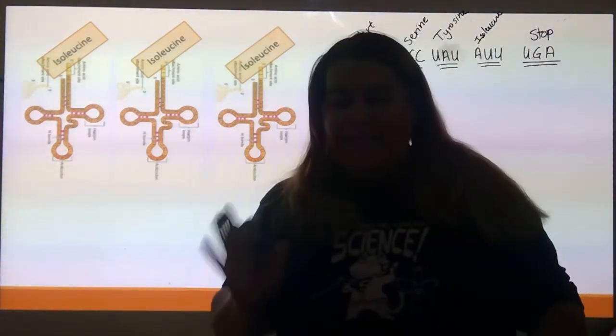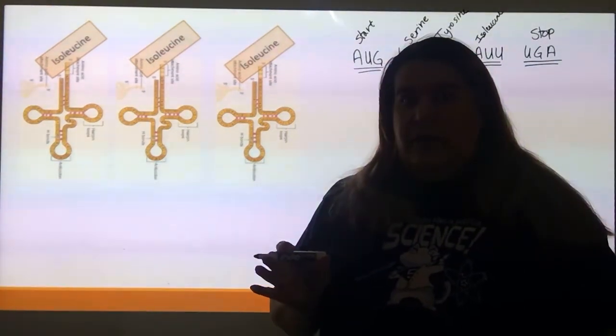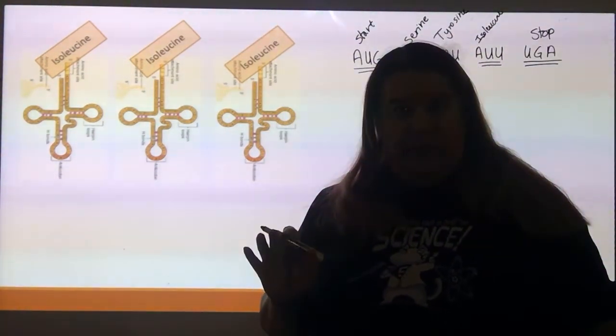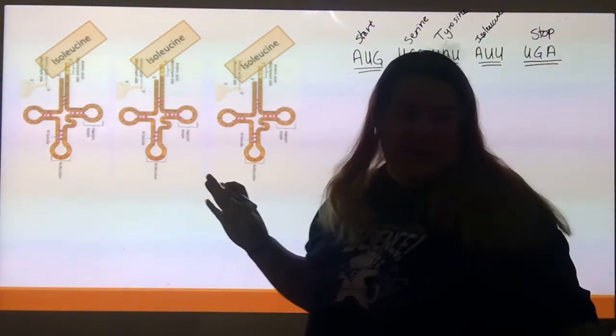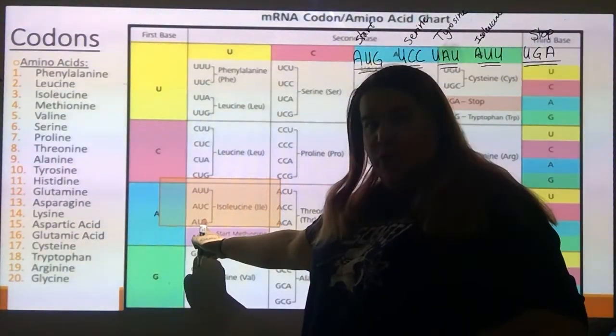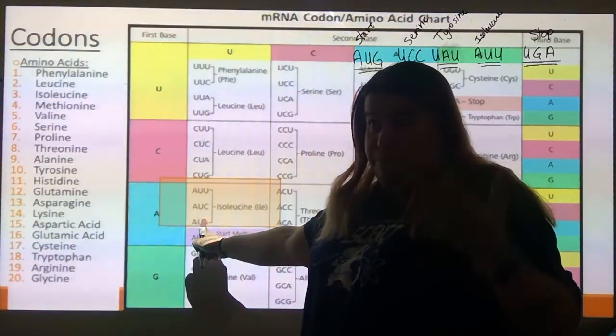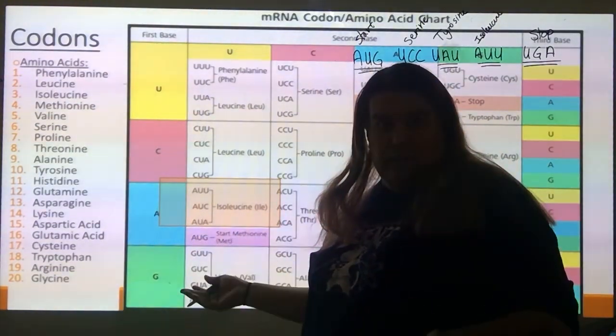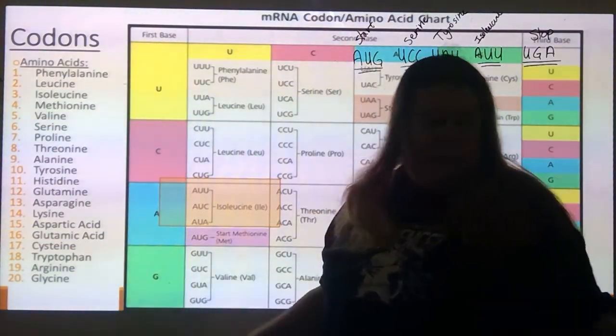So I have a tRNA for isoleucine. The thing is, going back, I have 3 different codes that are for isoleucine, correct? Correct.